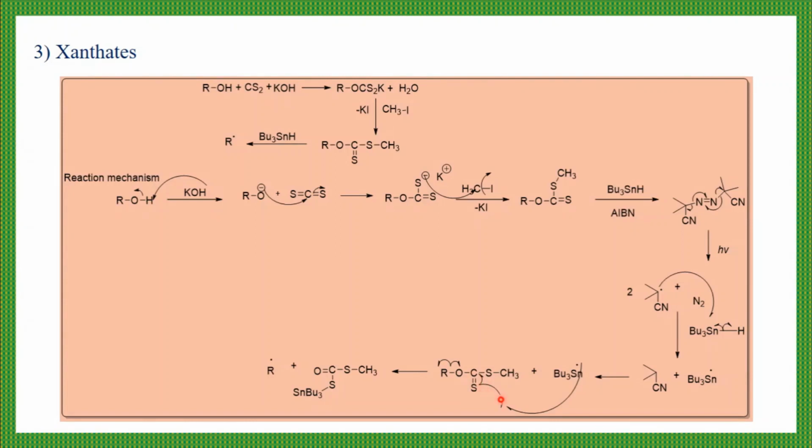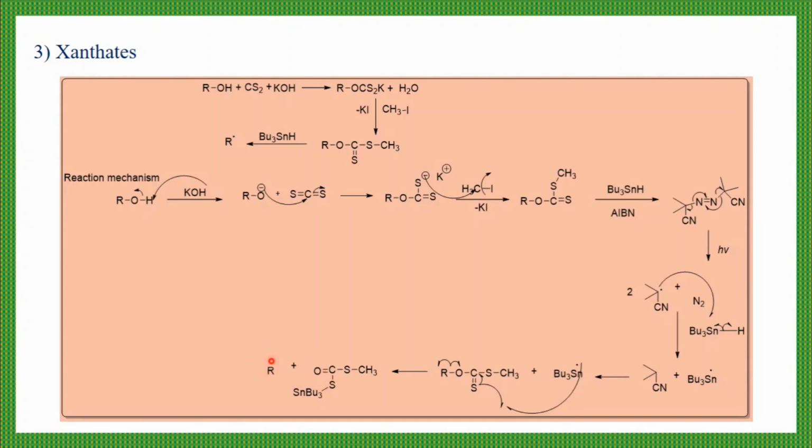Then this S radical reacts with the tributyltin radical. In the same way, this RO bond undergoes homolysis. It generates R radical and O radical. Then that O radical reacts with this C radical. It forms a carbon-oxygen double bond and generates R radical, and the S radical forms a bond with the tributyltin radical.